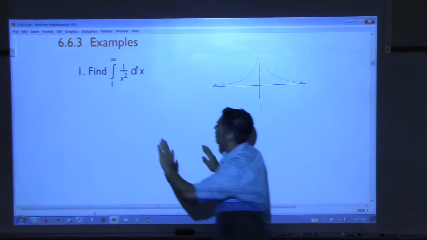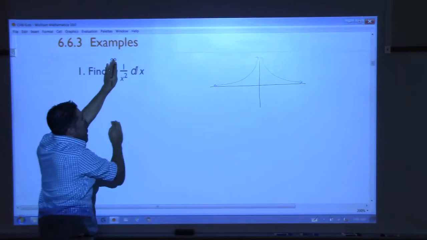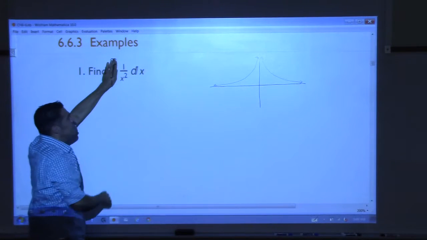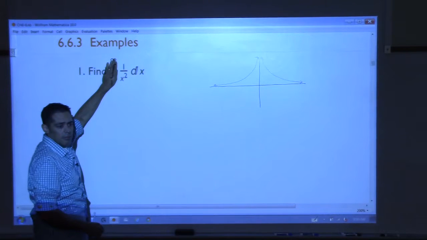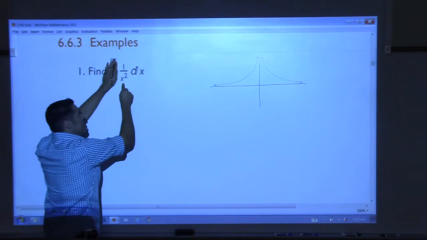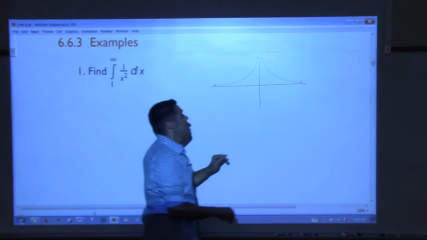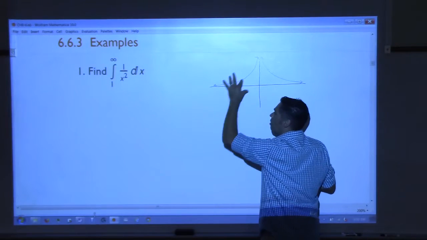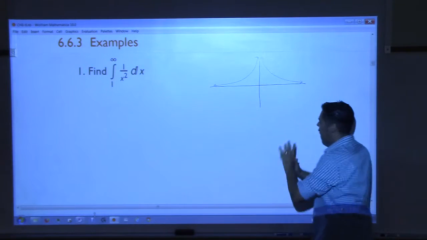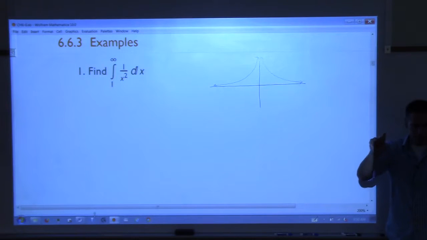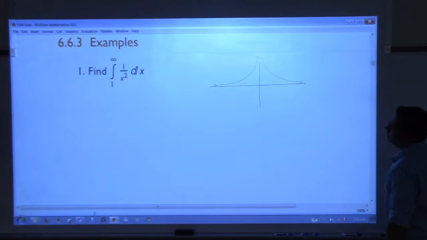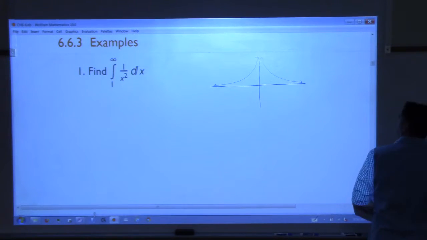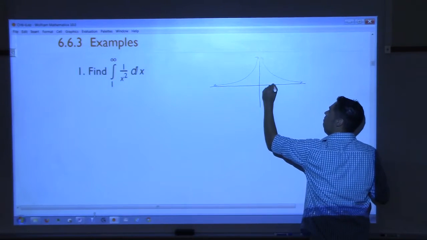So if the integral wasn't here, and I asked you, what does that function do as x goes to infinity? Would we all agree that that goes to 0, right? If I ask you, what happens to this function if x goes to negative infinity? It goes to 0, right? All right, but that's not what we're asking. It's just that's why we get the horizontal asymptote like this. So what we're looking for now is the area starting at 1.